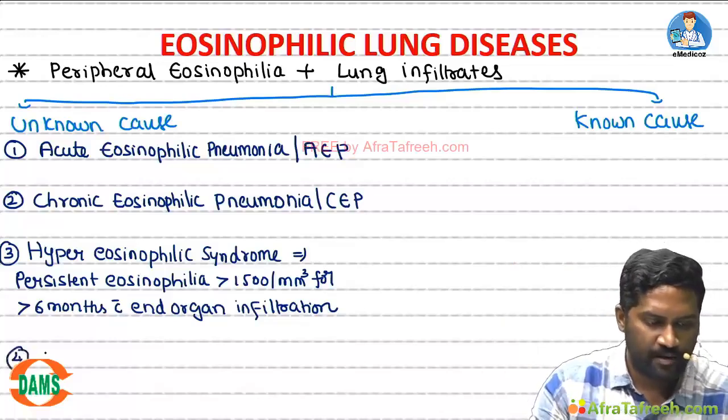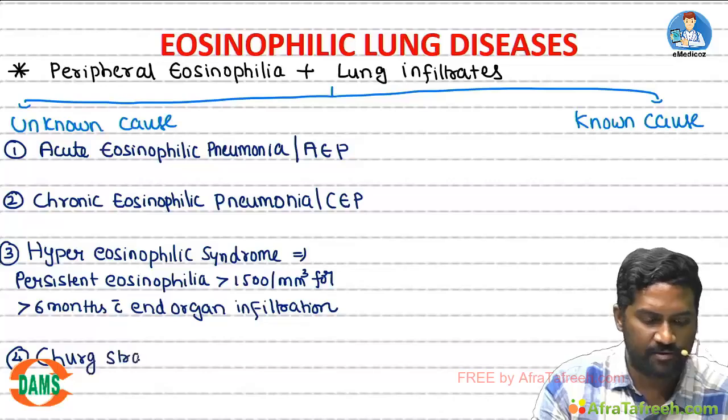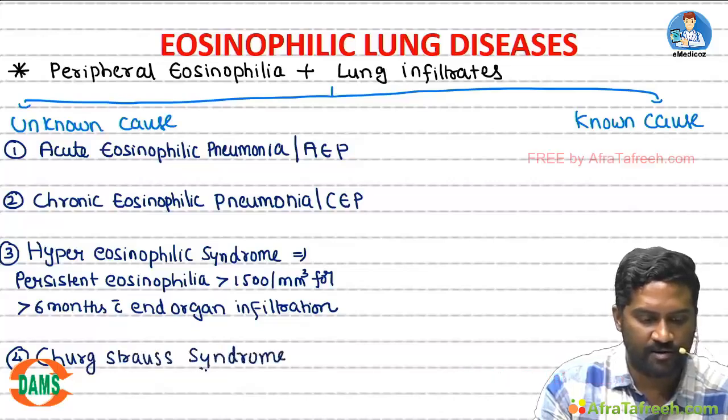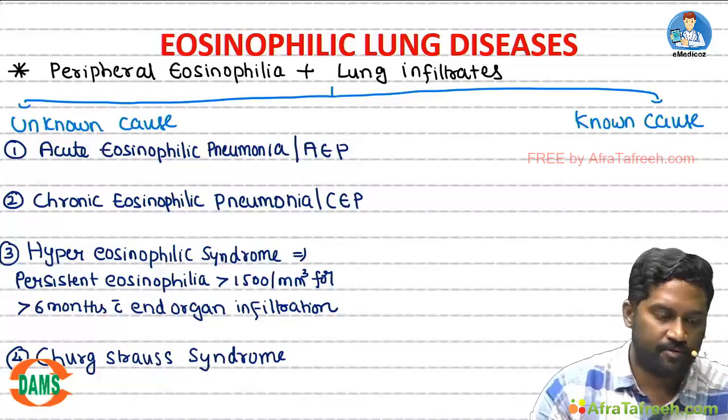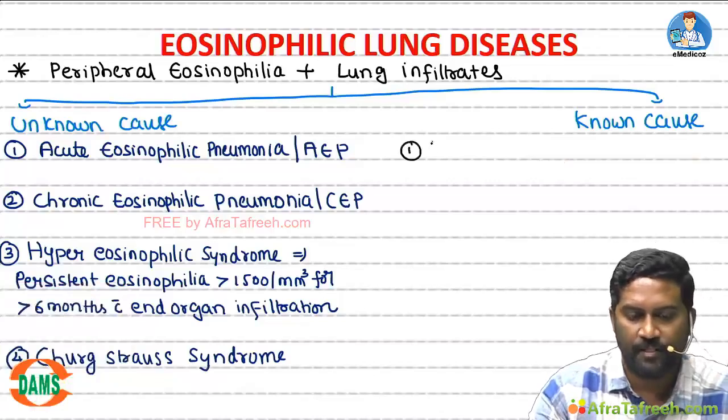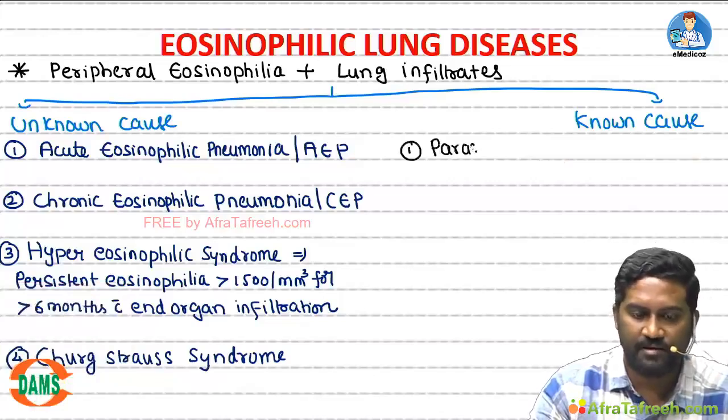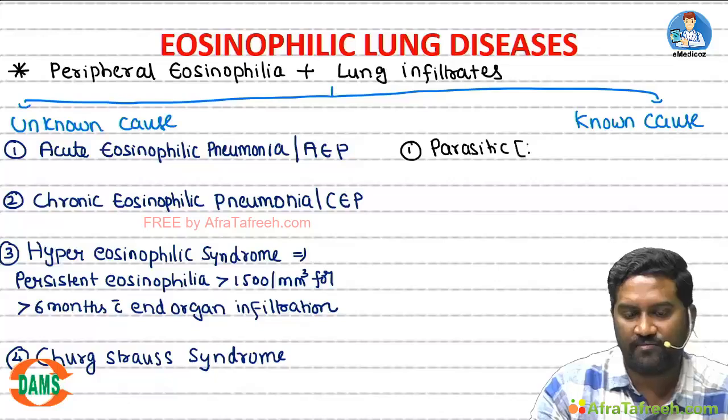Then we have a small vessel vasculitis that you will come across in your rheumatology, Churg-Strauss syndrome. Coming to known cause, most important will be parasitic infestations, especially these nematodes.